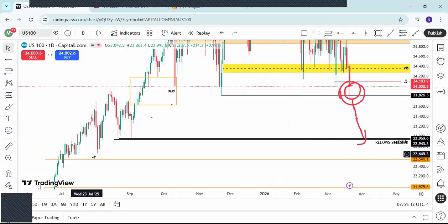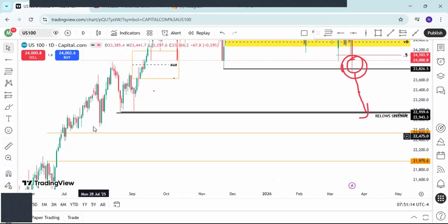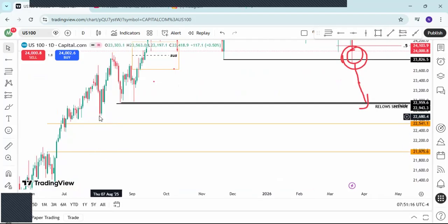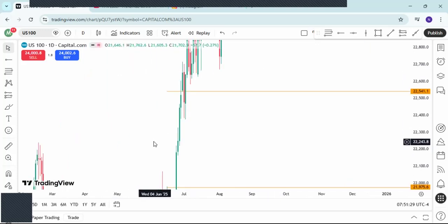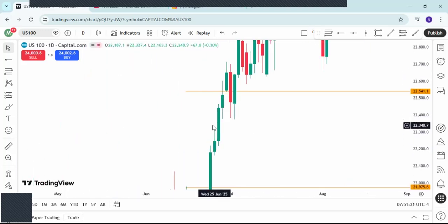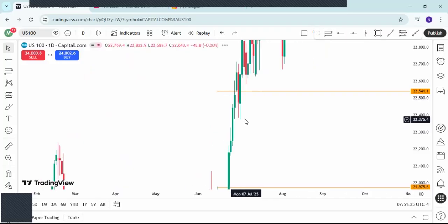You have sell side resting there, and you have this weekly fair value gap. Also here, you have a high probability fair value gap with the wick. There's only wicks here. If you zoom in and put it in your face, you see this gap only has a wick. We need bodies in here.